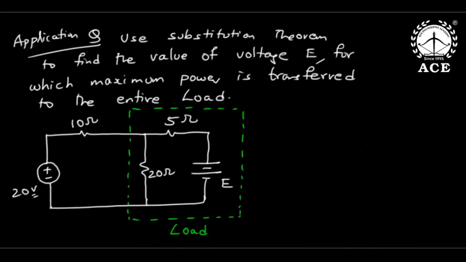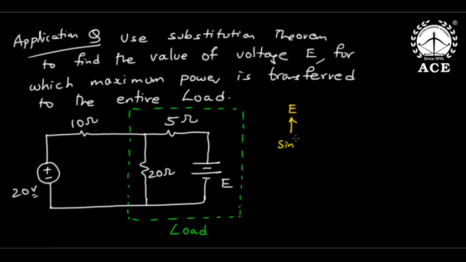See why this theorem will help us: the battery E is not allowing us to reduce the network, but we can use the substitution theorem. First of all, if this entire load has to absorb maximum power, then E must be a source or a sink?